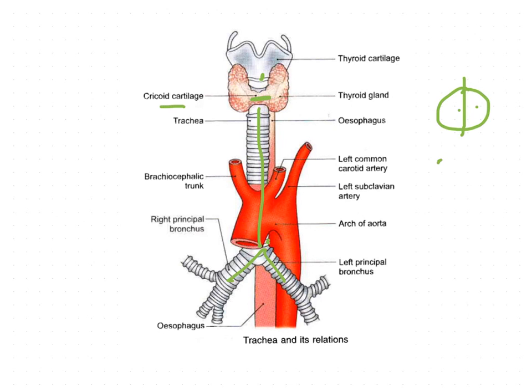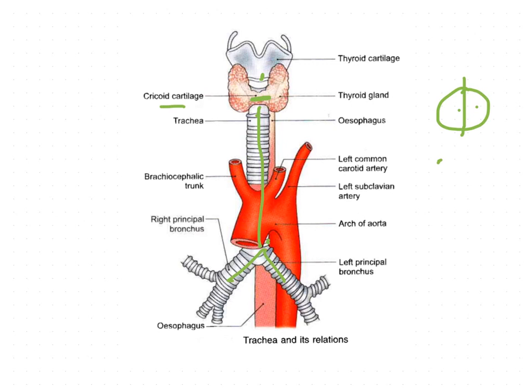Okay, now the upper end of the trachea lies at the lower border of the cricoid cartilage, which is opposite the 6th cervical vertebra. Whereas in the cadaver, its lower end lies at the lower border of the 4th thoracic vertebra.